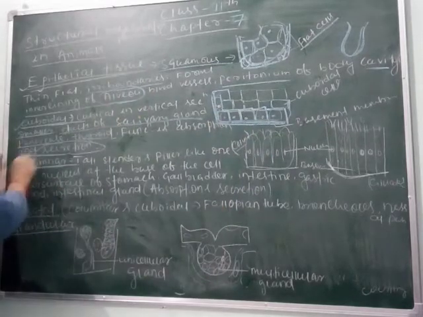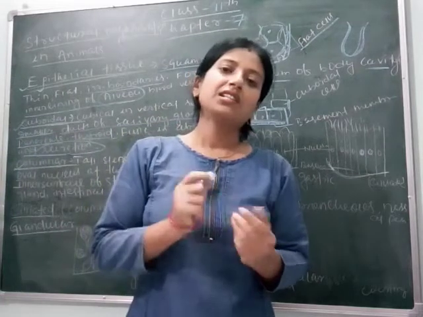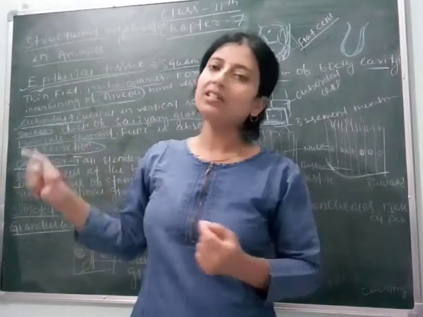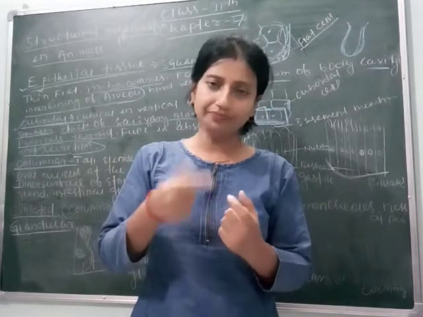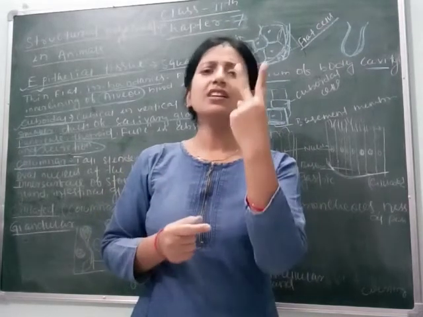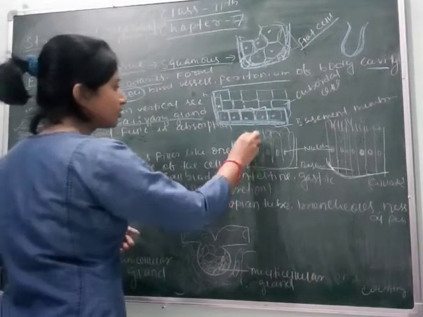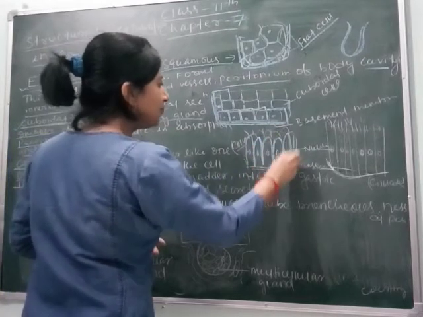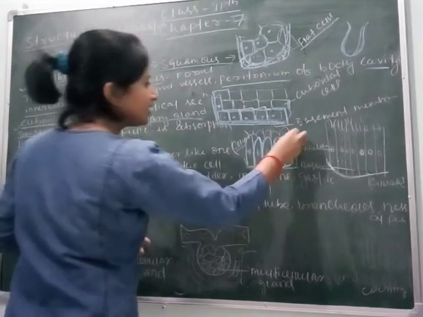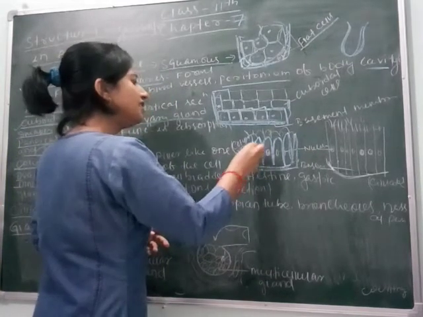Next is columnar epithelial tissue. Column means tall and vertical structure. Here the epithelial cells which make the epithelial tissue are arranged as columns, and they are called columnar. You can see the diagram here. These are columnar epithelial cells. Again, this is the basement membrane, and this is the nucleus.